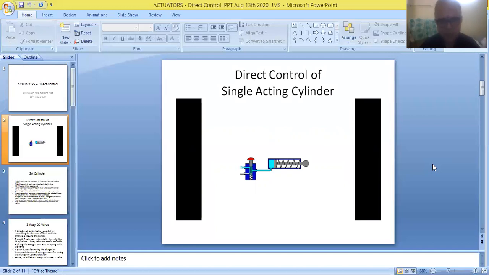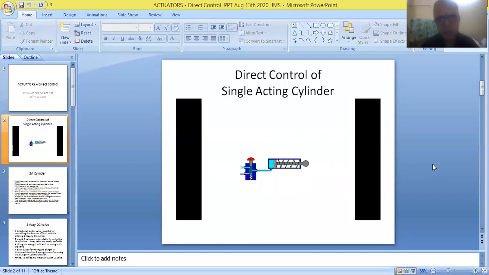So a hydraulic actuator is also called a hydraulic motor or hydraulic cylinder. Also, they're called oil actuators, oil cylinders, and oil motors.